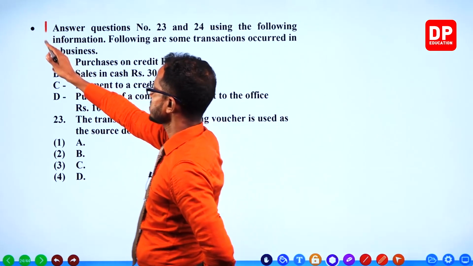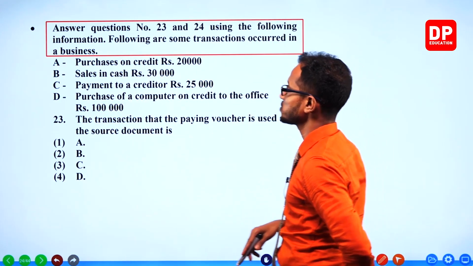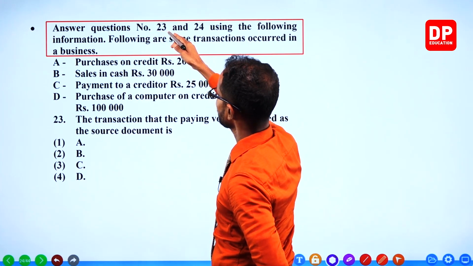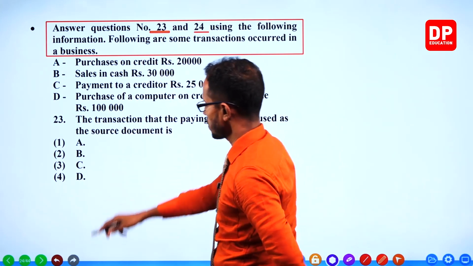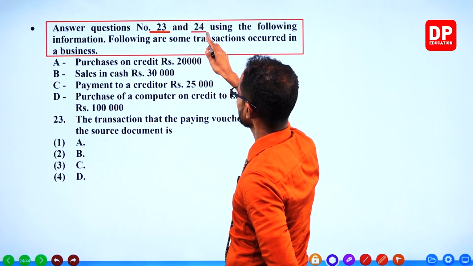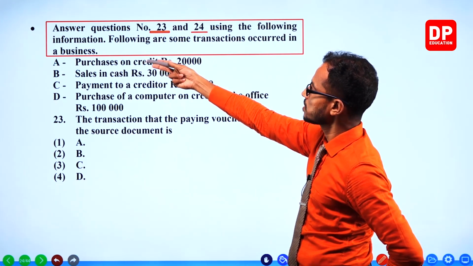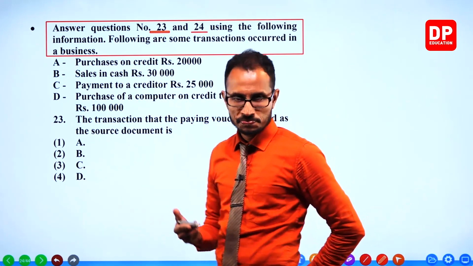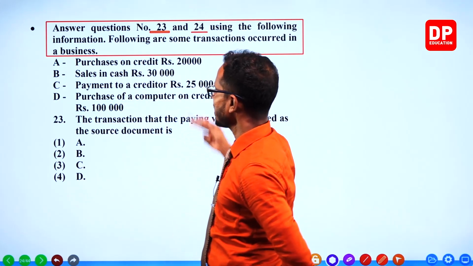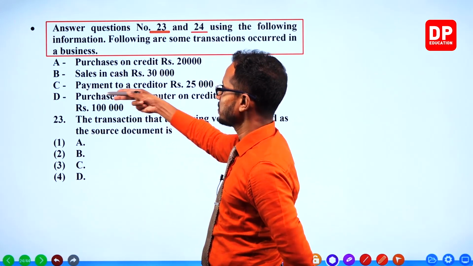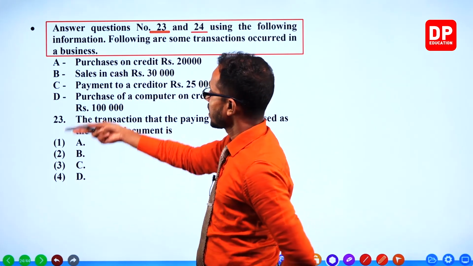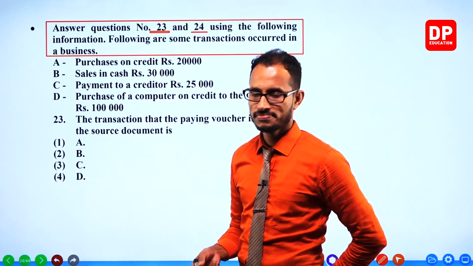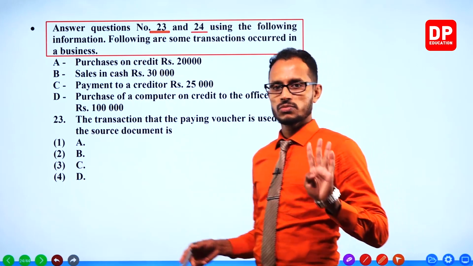Transactions occurred in a business: purchases on credit, sales in cash, payment to a creditor, purchase of a computer on credit for the office. Four transactions.